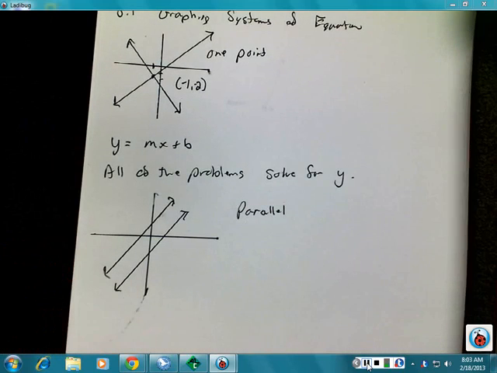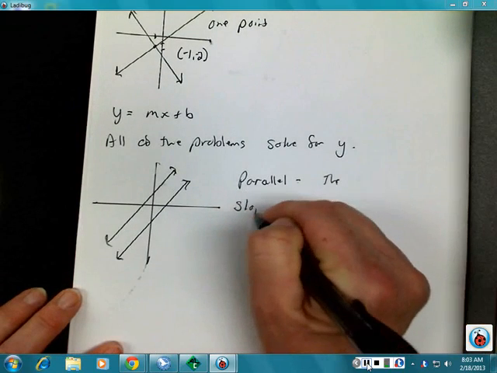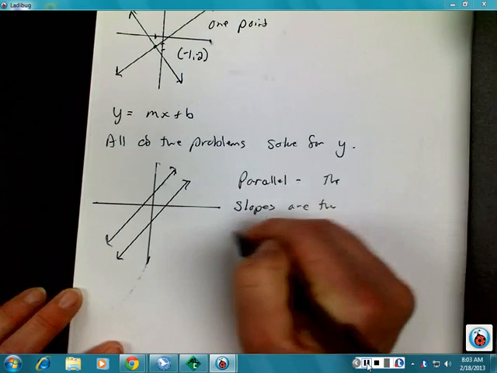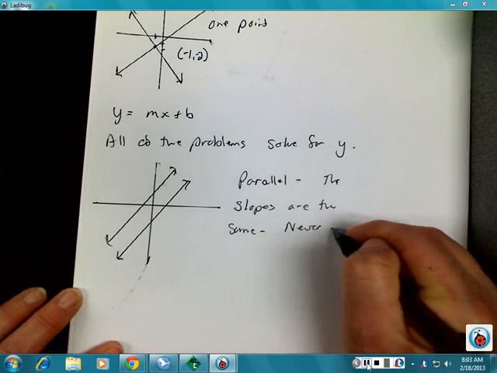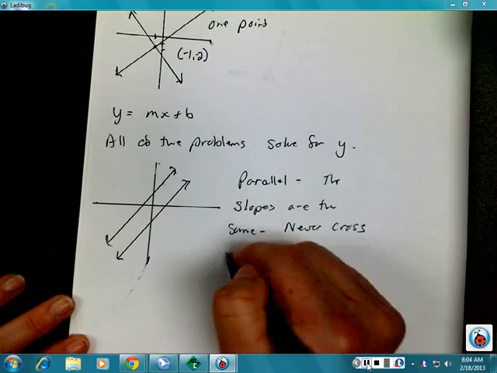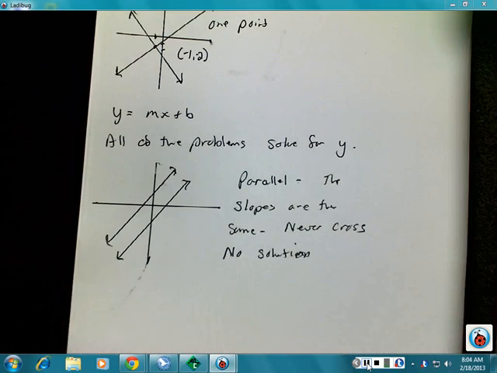And way back when in Chapter 4, we learned that if we have parallel lines, the slopes are the same. And they never cross. So if they never cross each other, and we happen to have that for our values, this one has no solution.